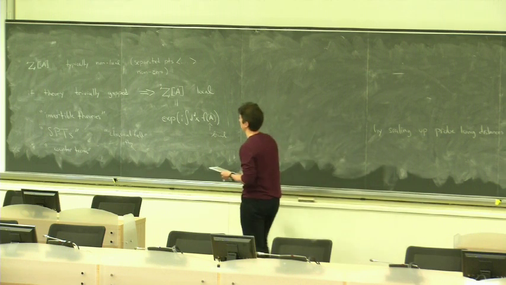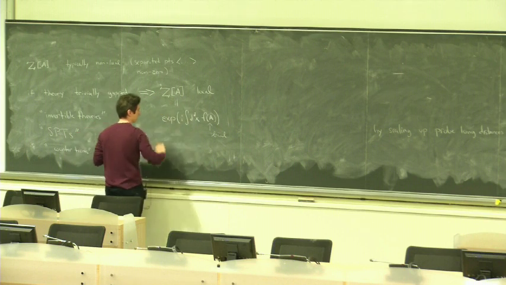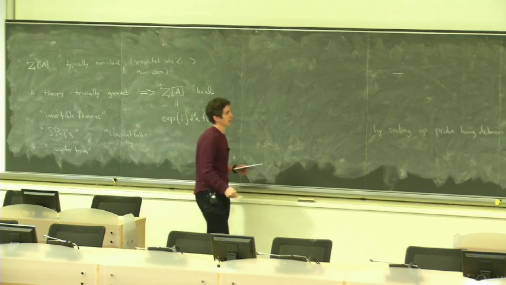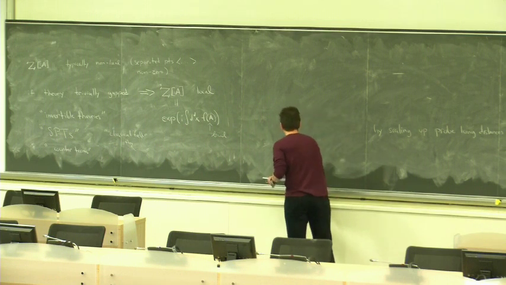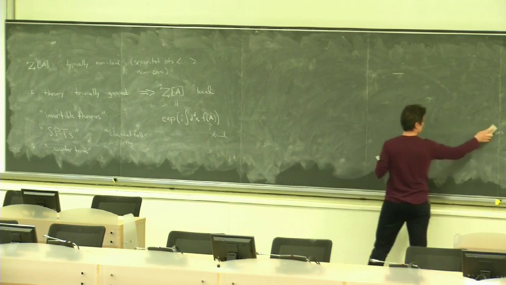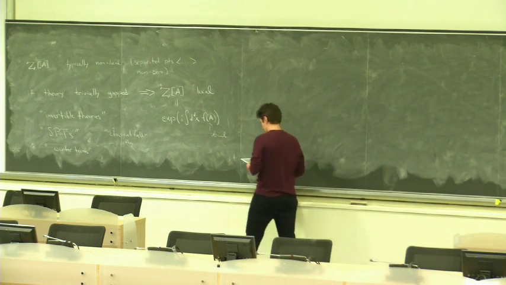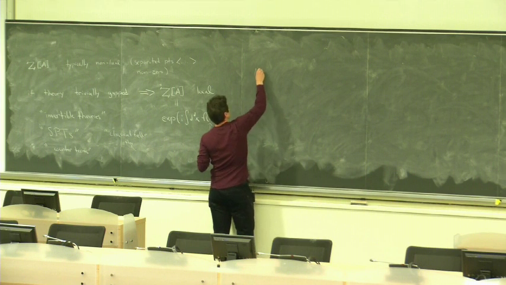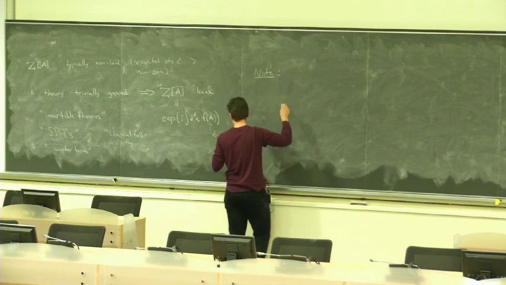So here's what's going on for Z of A for a trivially gapped theory. It is local. And we saw that we had a definition of what an anomaly was that also involved these local counterterms in a crucial way. And if we put the two together, we get the following important statement.